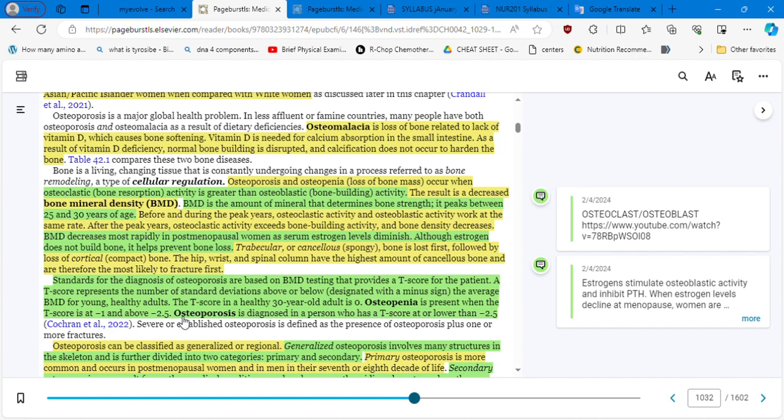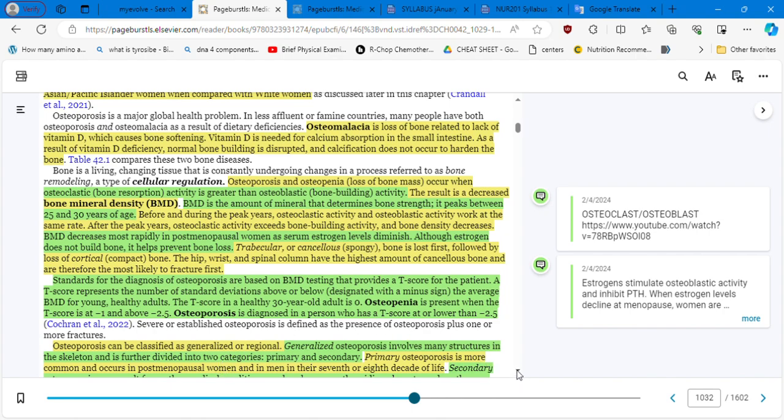So osteopenia is present when the T-score is -1 but above -2.5, so it's going to be from -1 to -2, more or less, or -2.4. Osteoporosis is diagnosed in a person who has a T-score lower than -2.5. It's going to be -3, -3.5. Osteoporosis.